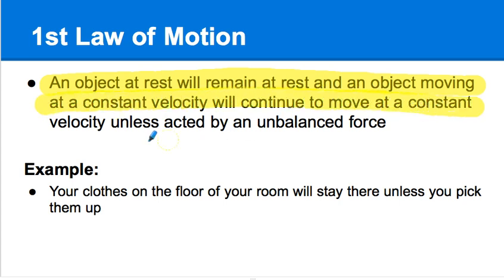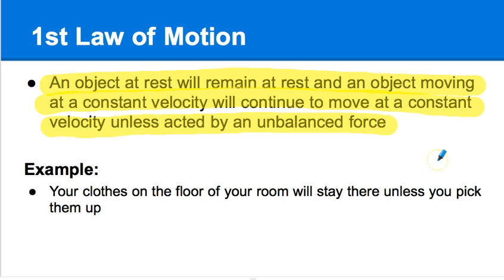Okay, so a lot of these are pretty common sense stuff that he came up with, but he made it a lot easier for everybody to understand. So he said the first law of motion is that every object will remain at rest. So in other words, it won't be moving unless, or an object will stay moving at the same speed, so it won't be accelerating, unless something forces it to move or forces it to change.